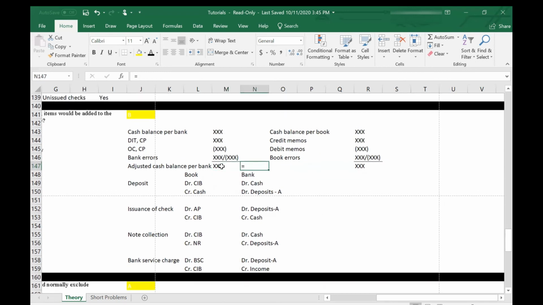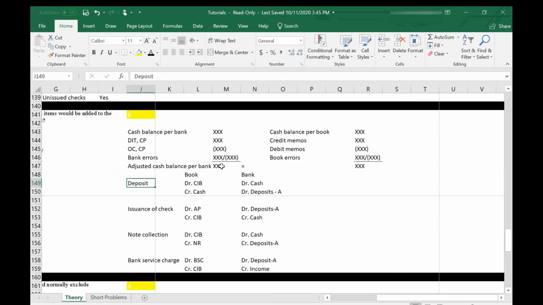But I think in BA 99.1, lagi namang nagbabalance yan. When you do your auditing, may chance na hindi mag-balance. But for the sake of BA 99.1, this adjusted cash balance per bank and adjusted cash balance per book should equate each other.